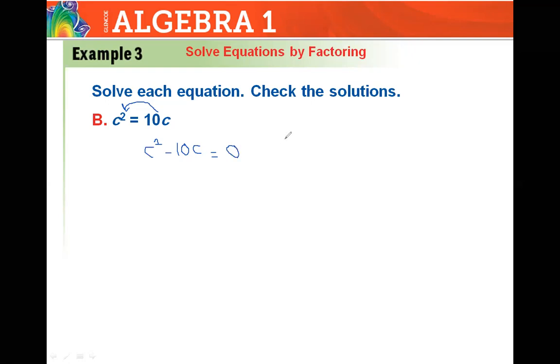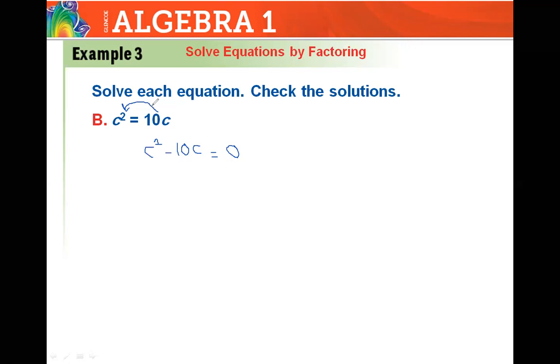If you have a problem like this, with two sides, c to the power 2 on one side and only 10c on the other, you just make one of the sides equal to 0.